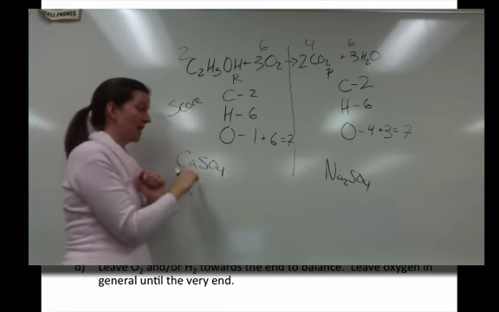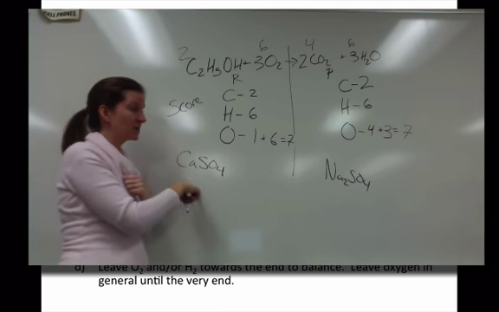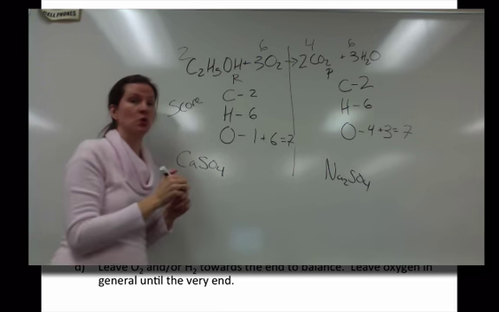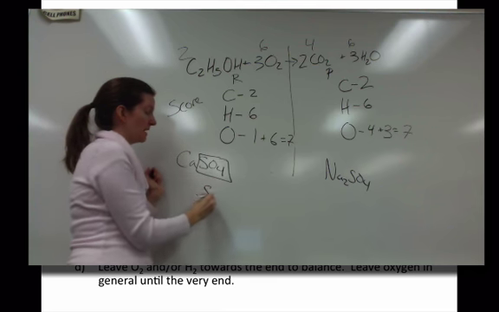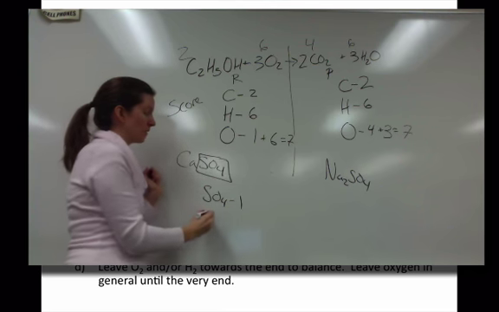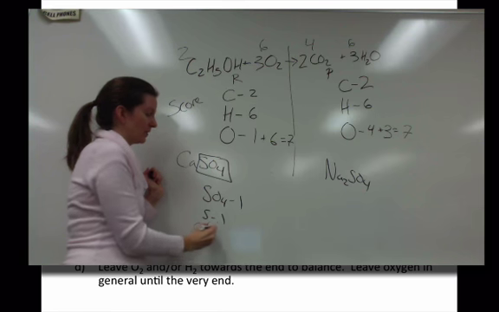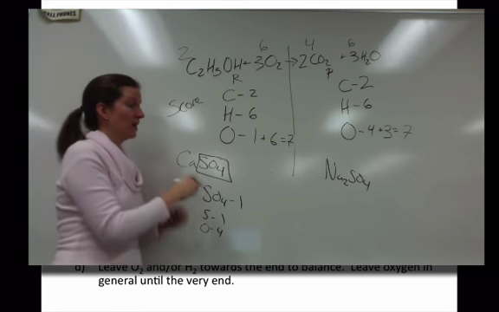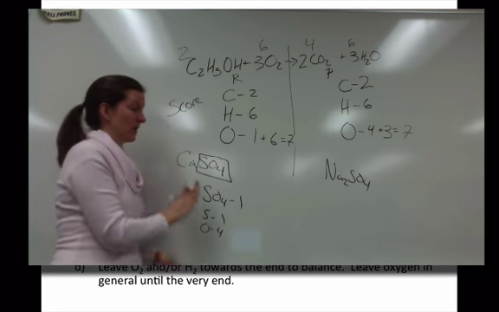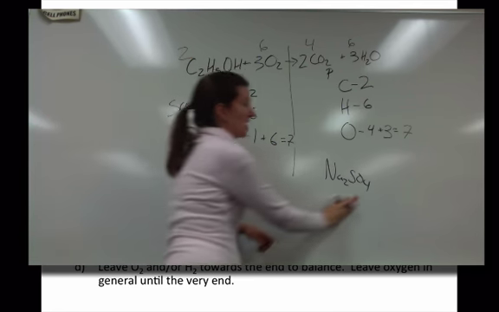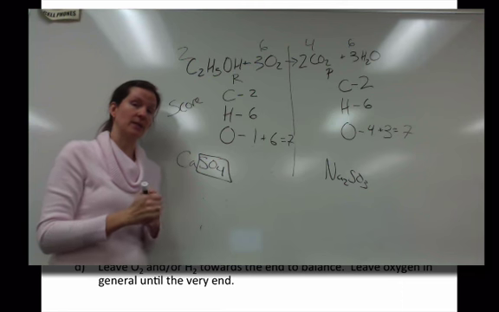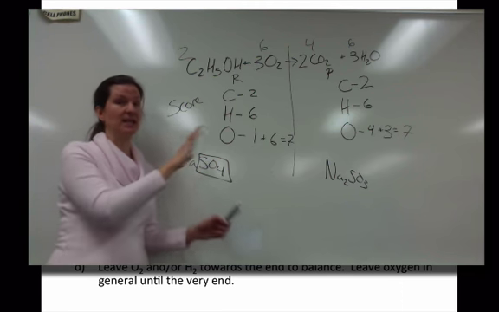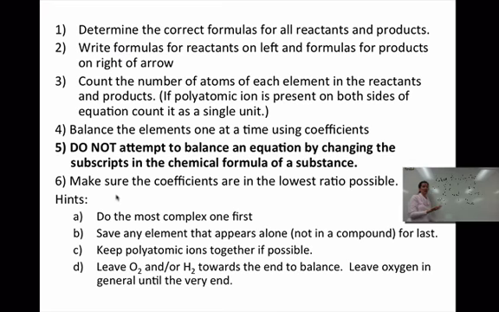If instead, on the reactant side, you had calcium sulfate, and on the product side, you had sodium sulfate, you would want to count this group as 1 SO4 rather than 1 sulfur and 4 oxygens. Okay? That works the best. Now, if this had changed to SO3, then you would have to count them separately because it's not one entity that didn't actually undergo a chemical reaction.